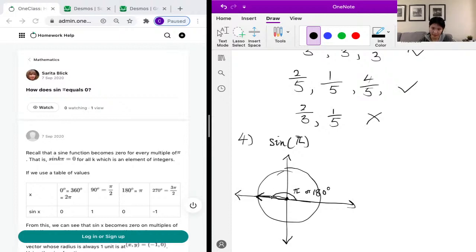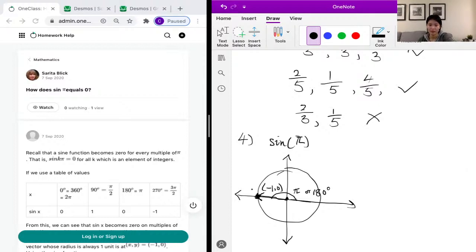So this is our angle. Okay, so here's our angle, and when the angle is pi or 180 degrees, the point on the unit circle is, oh, sorry, it's -1, 0.